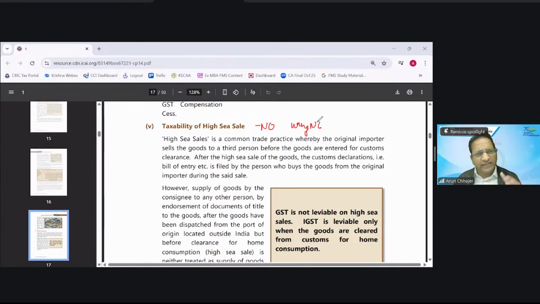You are saying, fully agree with you, but I'm asking why no? Reason? No. Not cleared for home consumption. Okay. Any other answer? Any other answer?